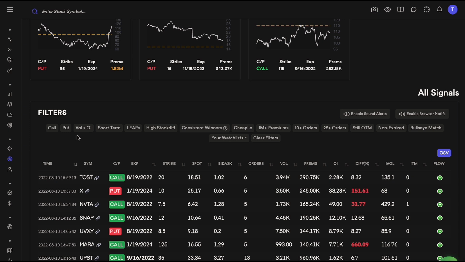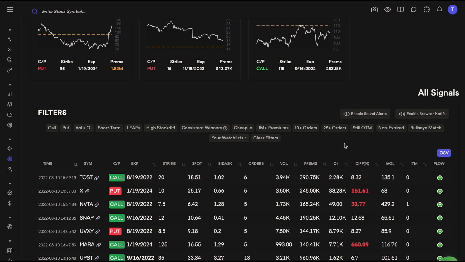The more repeat flow you see, the higher the probability of success for that signal. So we have filters for 10 plus orders, meaning repeat flow with 10 different people trading the same contract, and 25 plus as well. Then there are other filters, like your watch list.